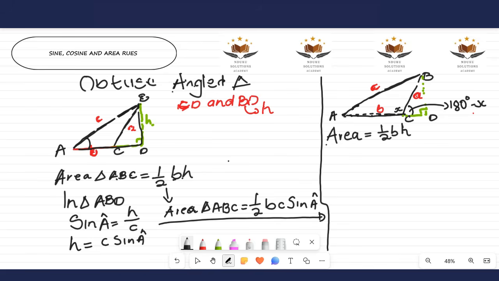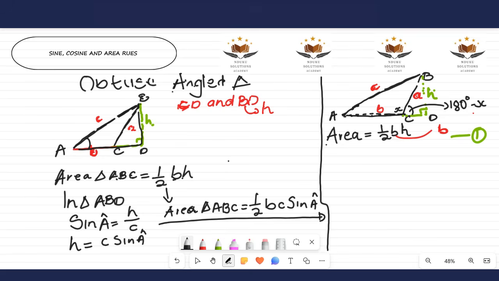And my base will be B. So this is my base B. So I need to find the perpendicular height this side. So this will be my height. Good.